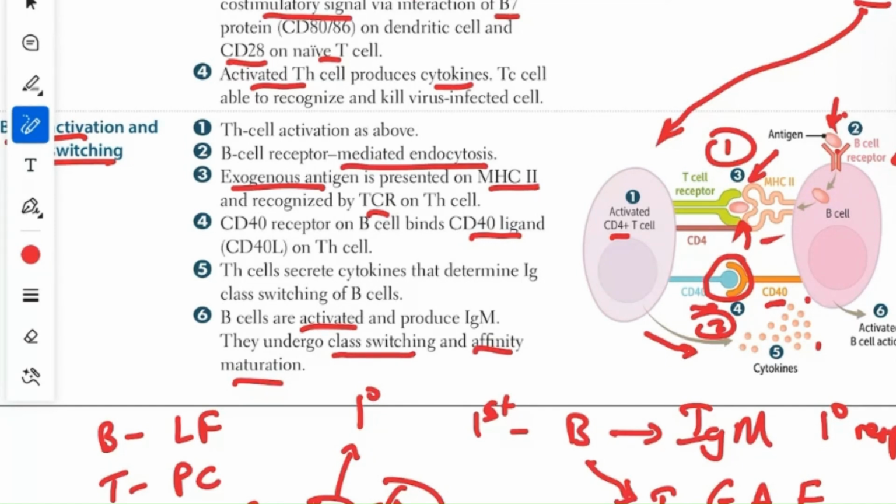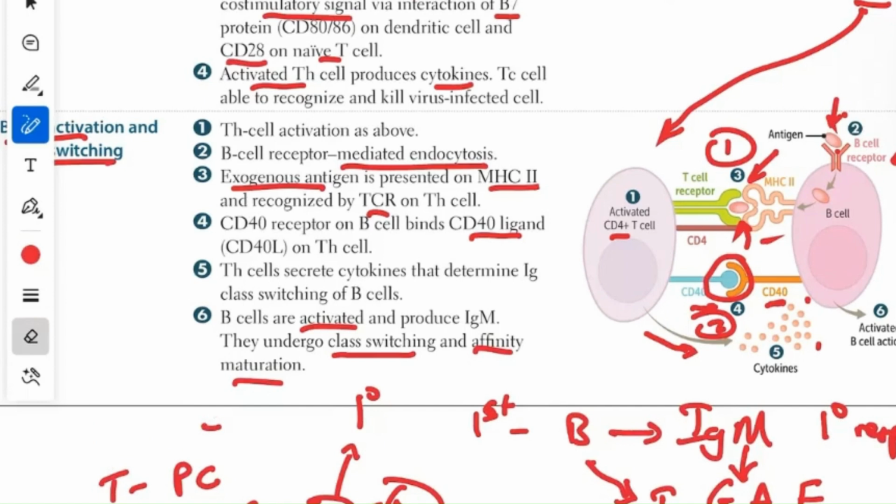That's what we call class switching. It means that the B cell switched from one class of antibodies to another class. In this case, from IgM to either IgG, IgA, or IgE. That's what class switching means.